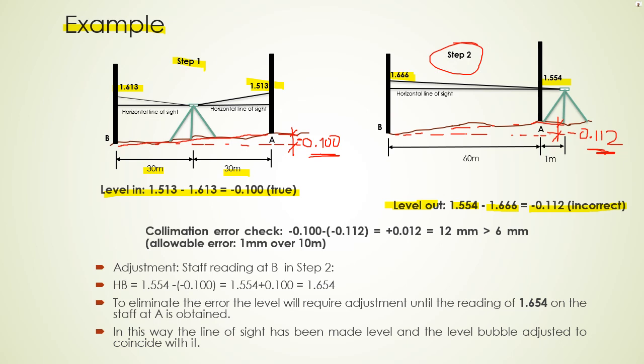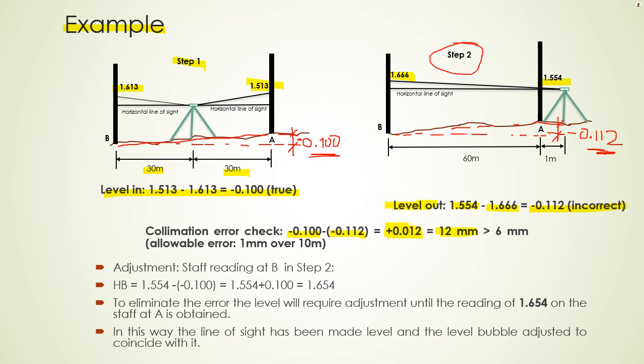So now you just take the height difference in step 1 minus the height difference in step 2. Step 1, step 2, minus together, so then you get the difference in the results of 12 millimeters.